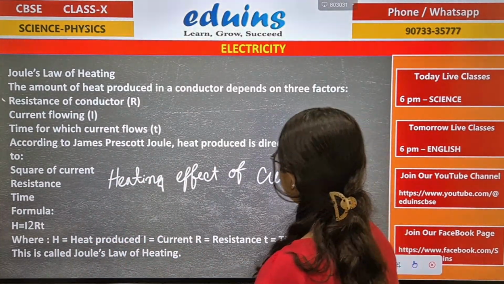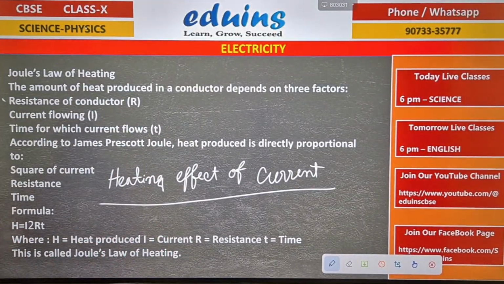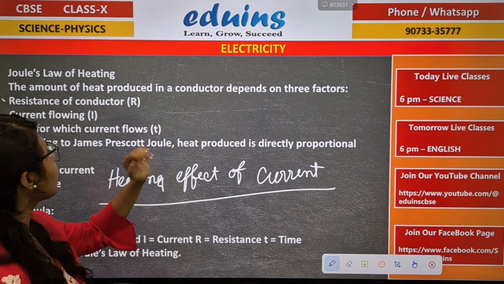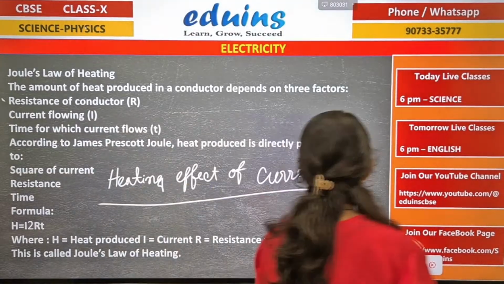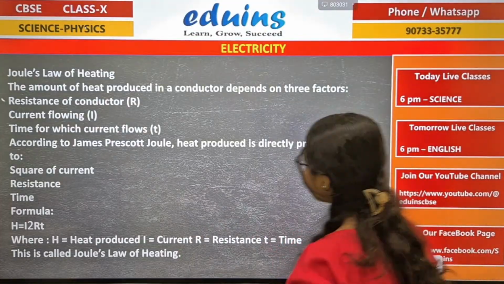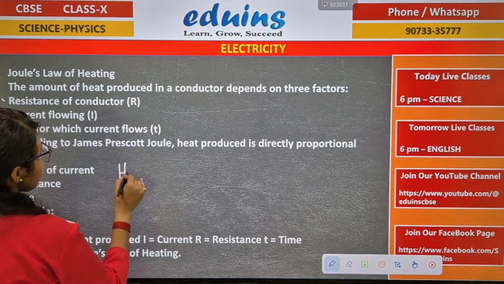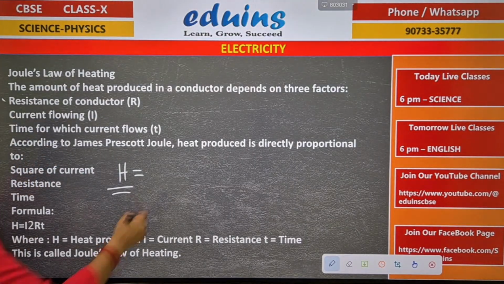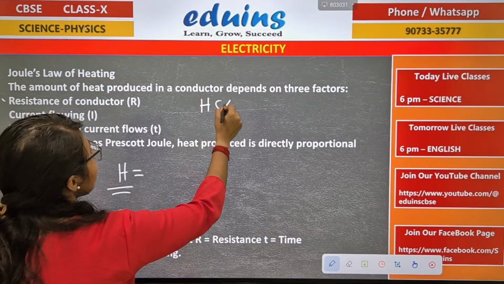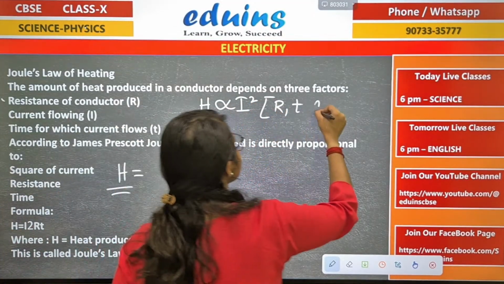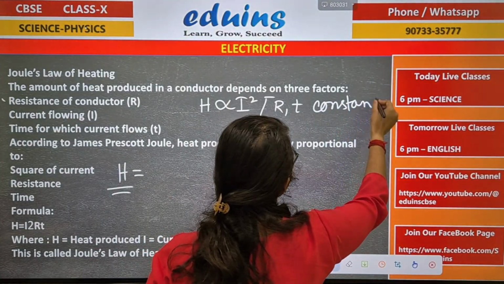There are three factors: one is R, one is I, and one is T. So for the first law, we can symbolize heat by the letter H. H varies as I square when R and T are constant.